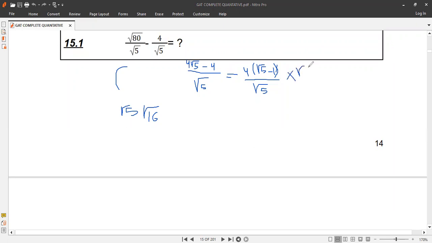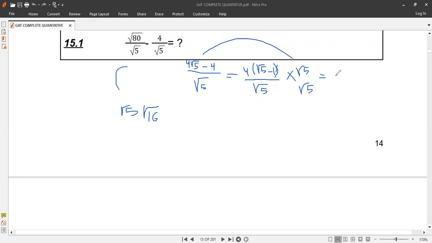This strategy I use to remove the root from the denominator, because if you want to simplify the expression, you have to remove the root from the denominator. So I multiply by this. Root of 5 by root of 5 is 5.